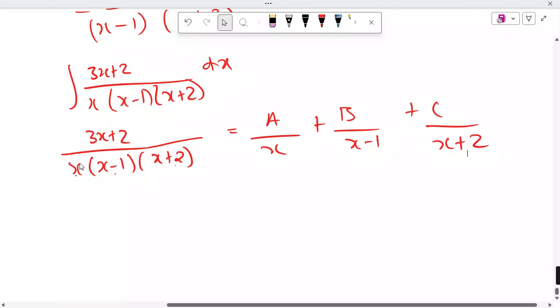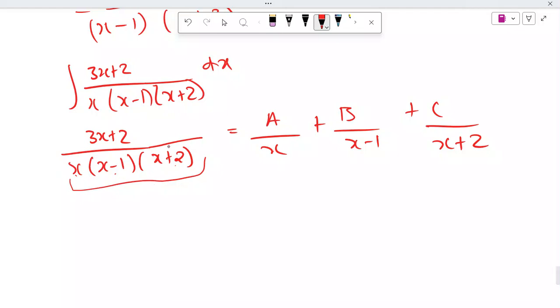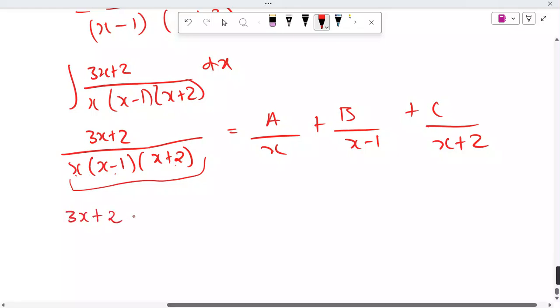Power of x is what? 1. So from example 1, I've told you, you are multiplying both sides of the equation by this denominator here. So if you multiply this denominator on both sides, here you just remain with 3x.